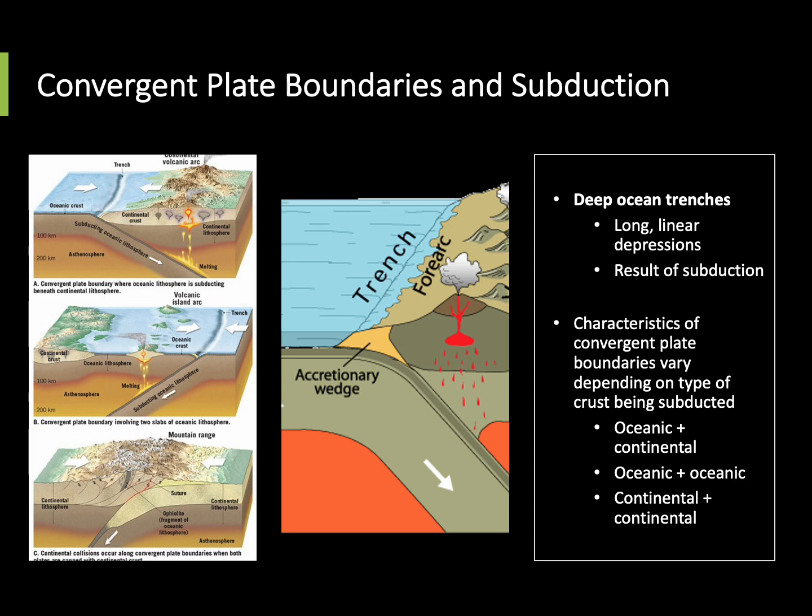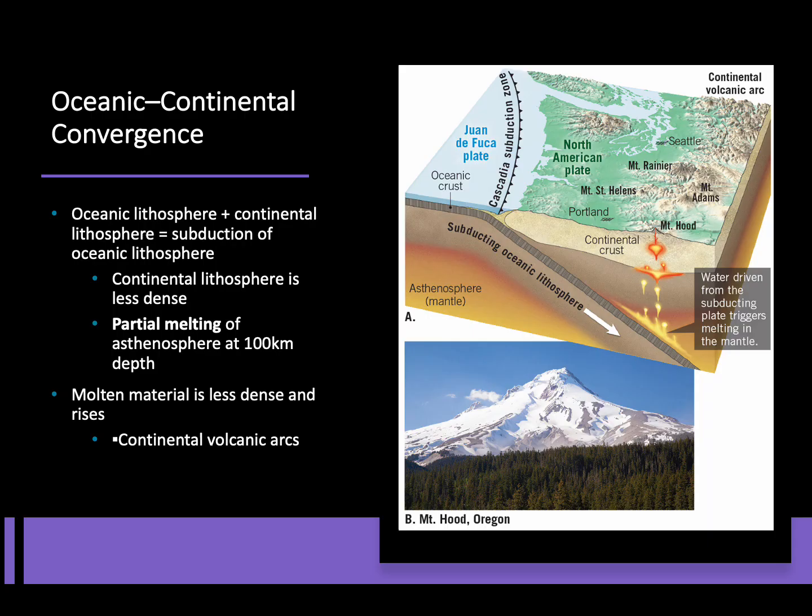Think about a trench that you might have seen in an old war movie. So if we're looking for subduction, where we have an oceanic plate being pushed underneath a continental plate, all we need to look for on a map are deep ocean trenches. But we're going to go into each of these three types of convergent boundaries in more detail.